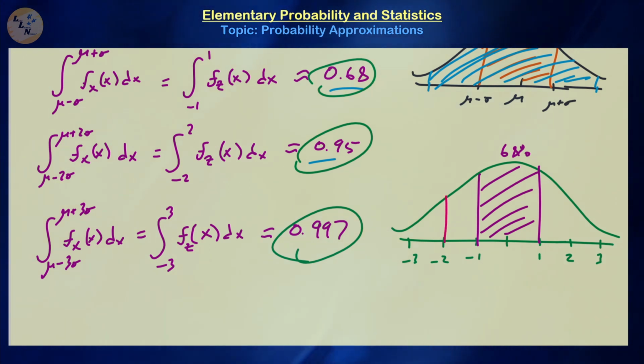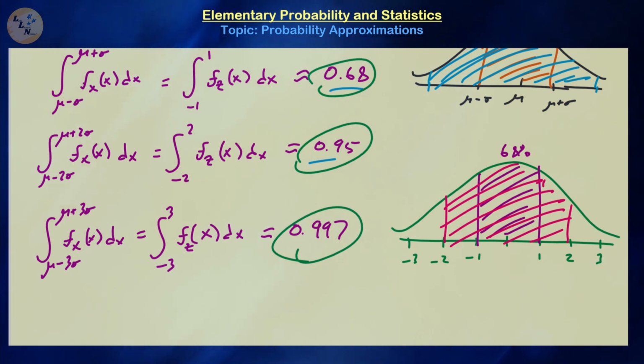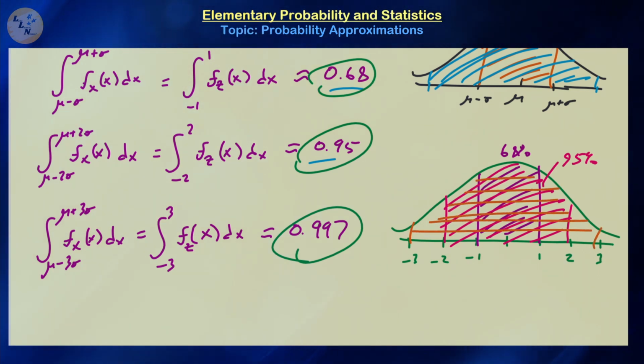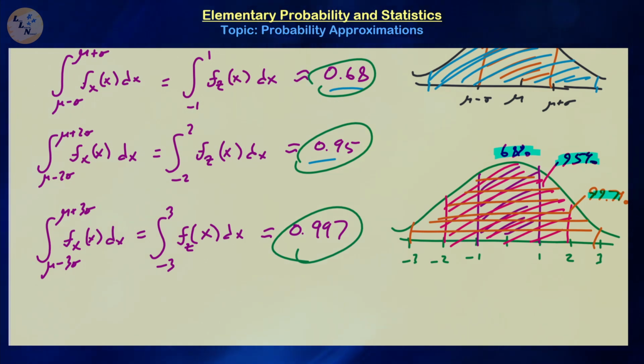If you're within 2 standard deviations of the mean, that's going to be equal to 95% of the data. And if you're within 3 standard deviations of the mean, then you're going to have 99.7% of the data.